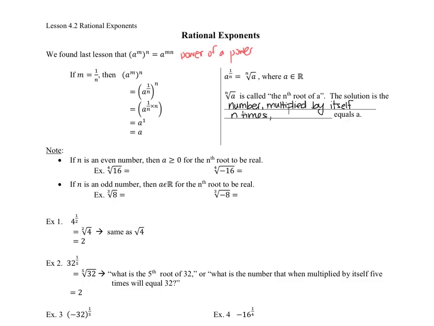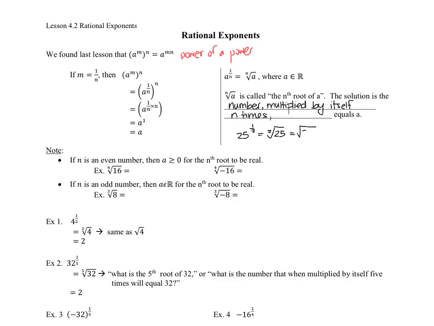As an example, let's take 25 to the exponent of 1 over 2. This is actually the second root of 25, which is the square root.